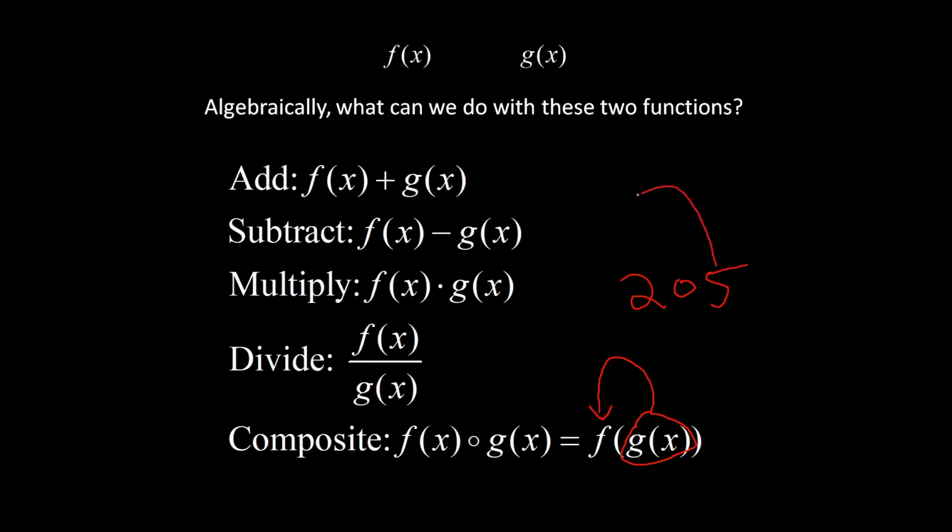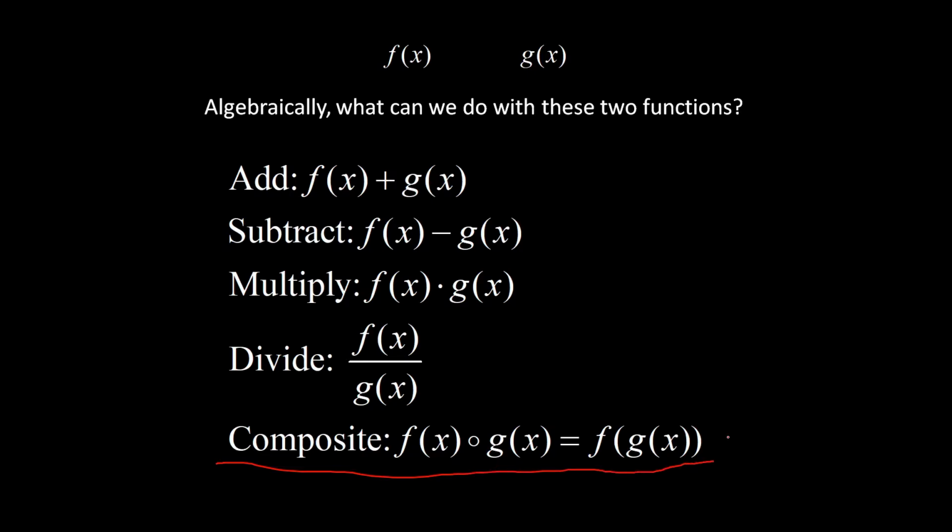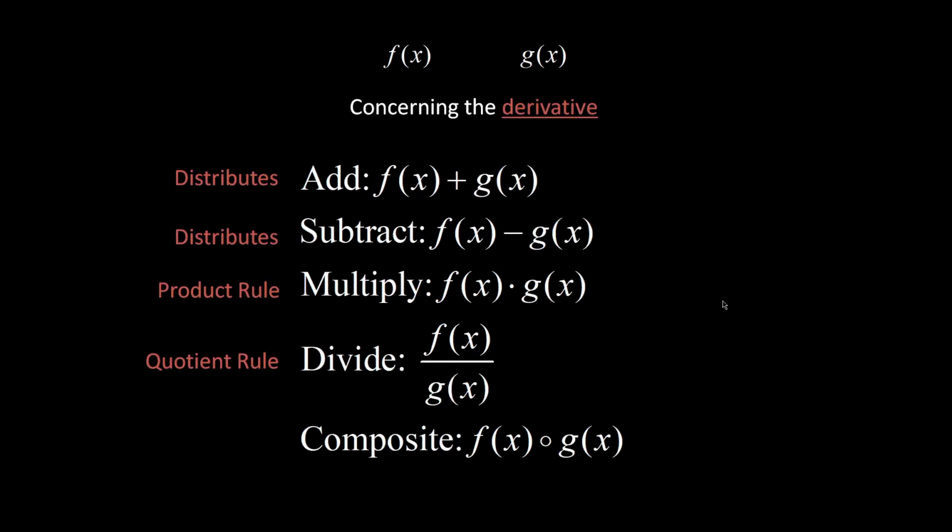Because how can you put 5 into 2? So the composite doesn't make sense for numbers. It's something that applies to functions. And the composite, in terms of the derivative, is where we have the chain rule.